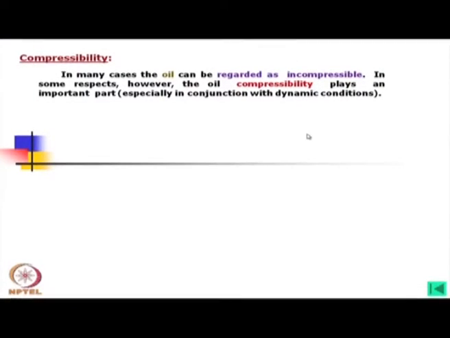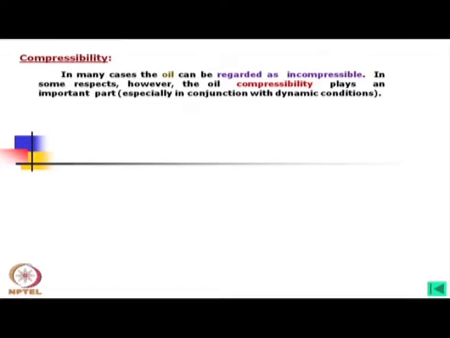In many cases, the oil can be regarded as incompressible. For mathematical treatment of the fluid power systems with hydraulics, in many cases it is considered a completely incompressible fluid, and we develop the model in that way.